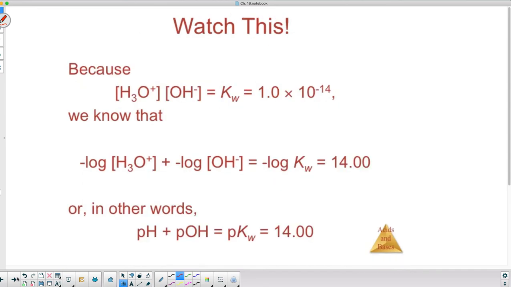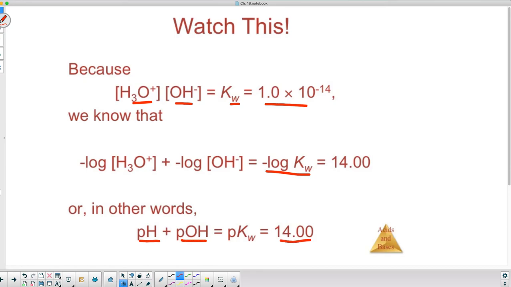So here's what you can do with this. This is nice. We know that this and these two equal this and gives us that. Negative log plus negative log is 14. The negative log of the Kw is 14. So here's what this means: pH plus pOH equals 14.